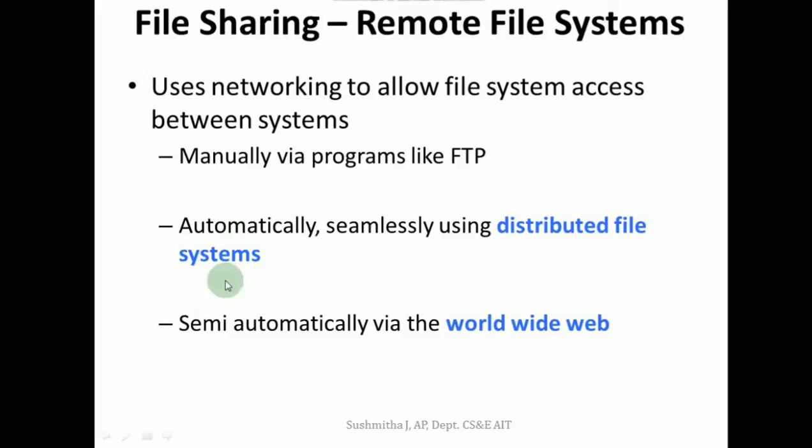There are three ways of doing it. One is manually sending a file using FTP, that is File Transfer Protocol, and the other one is by using a distributed file system where a remote directory is visible from a local machine.